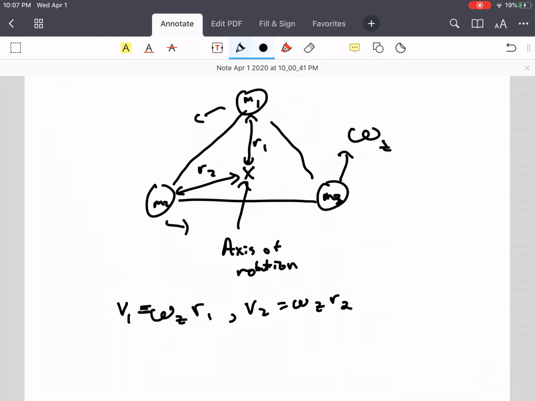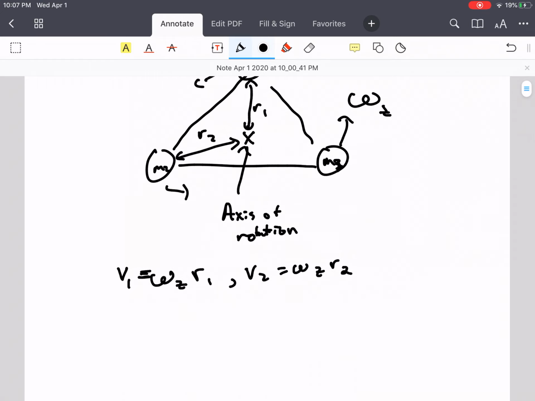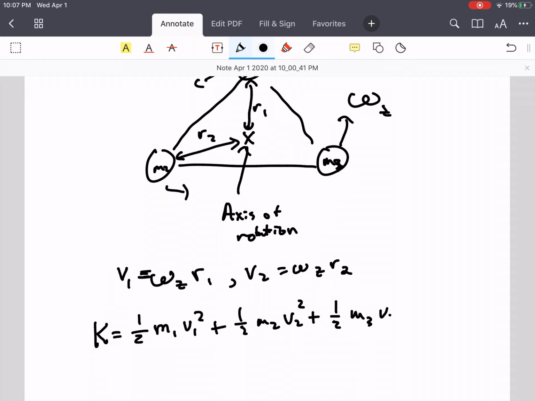Now, these three are objects in motion, meaning they have a kinetic energy. I can write that down using the formula I know and love: 1/2 m1 v1 squared plus 1/2 m2 v2 squared plus 1/2 m3 v3 squared.